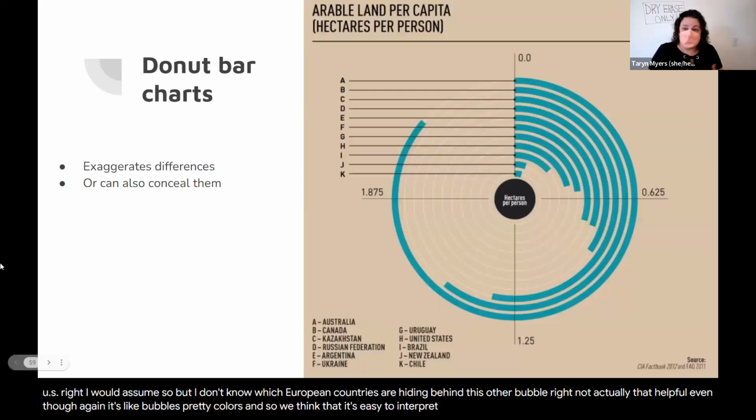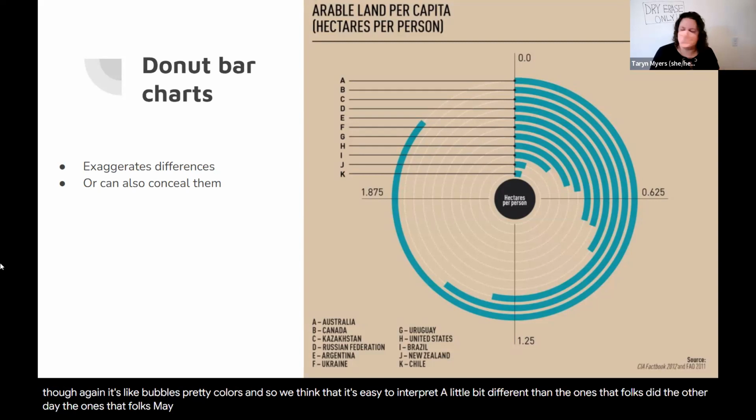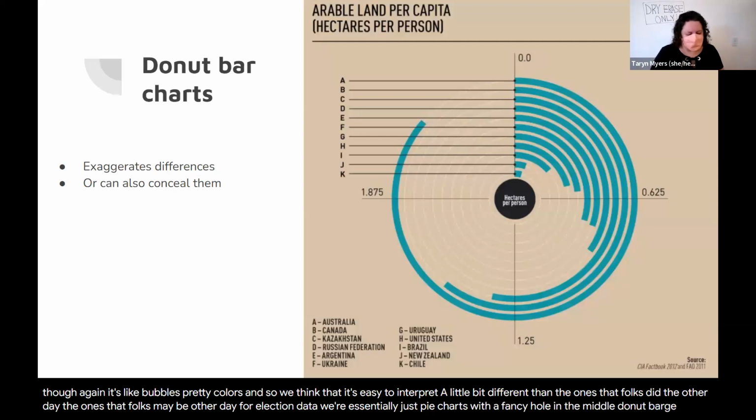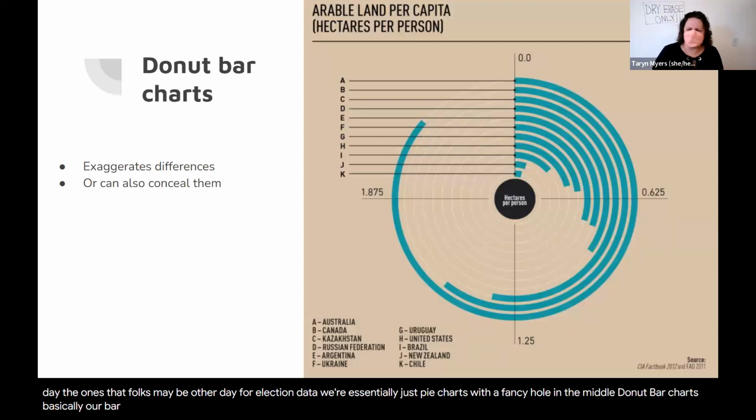All right, donut bar charts. And these are a little bit different than the ones that folks did the other day. The ones that folks made the other day for our election data are essentially just pie charts with a fancy hole in the middle. Donut bar charts basically are bar charts that go around in a circle.